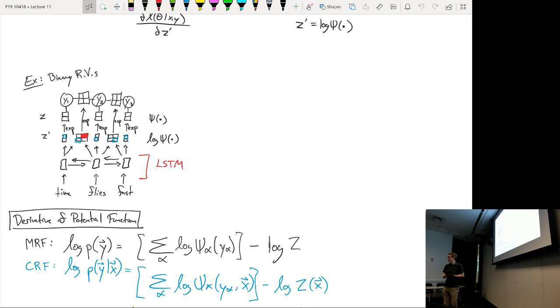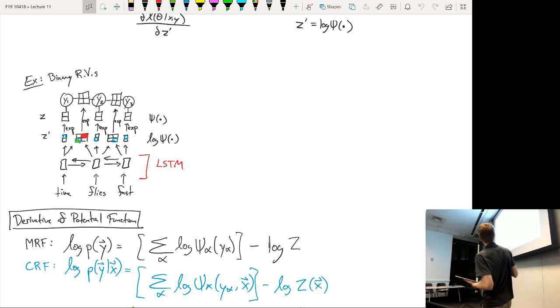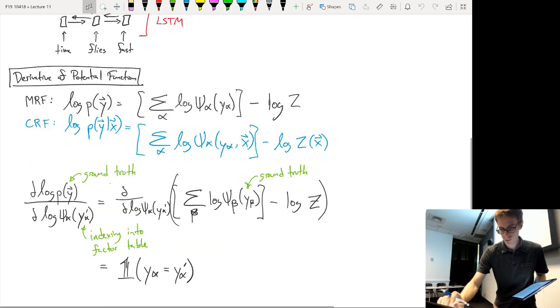That's the numerator of the log probability. Okay, so in this case, if we're taking the derivative with respect to that red value, it's just going to be 0 because it didn't even show up in the numerator of the log probability. If instead we took the derivative with respect to, say, this lower corner that was blue, then for the numerator, it has value 1 as long as we're taking that particular cell. Okay.